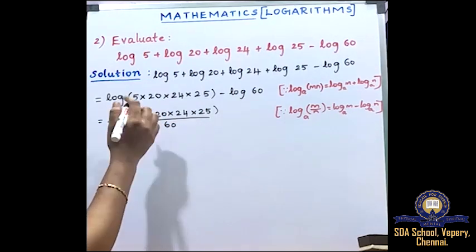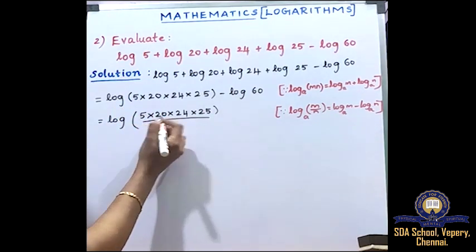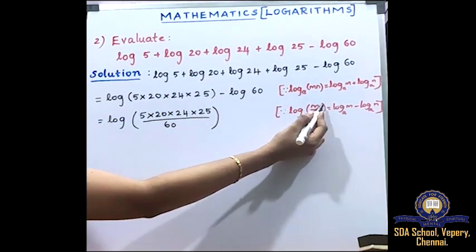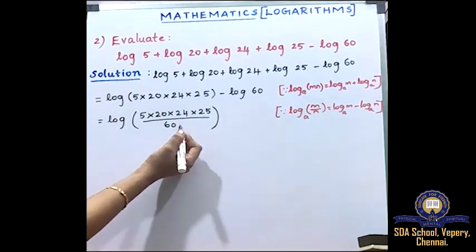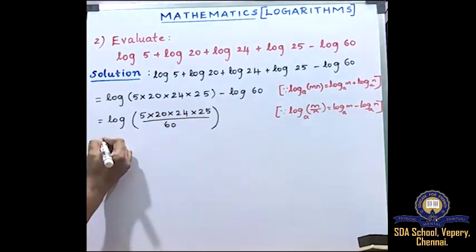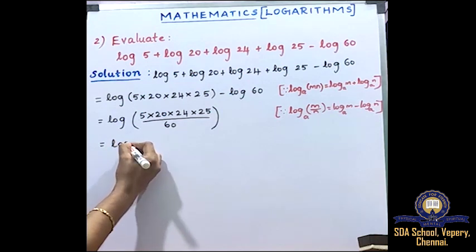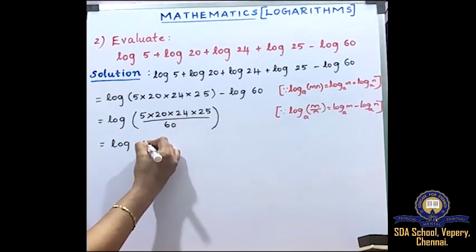So this bracket is for the whole term, since we have the whole bracket for both the terms. Now, if you cancel these terms, you will get log 1000.